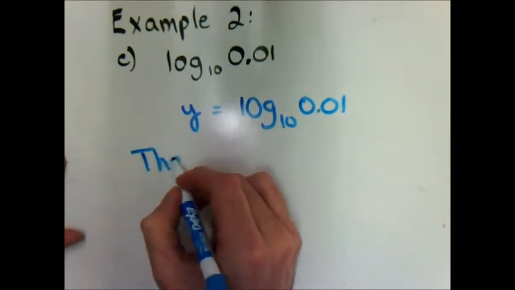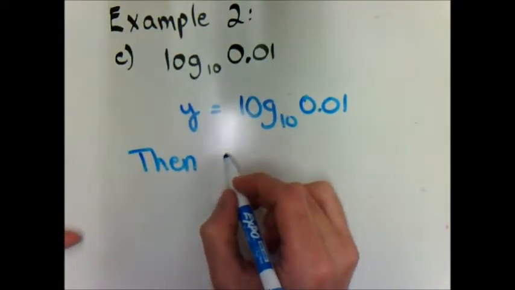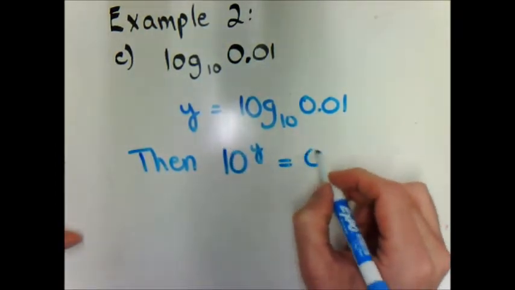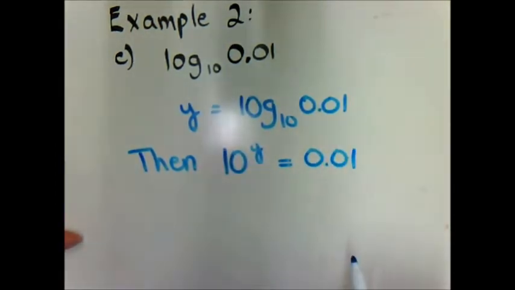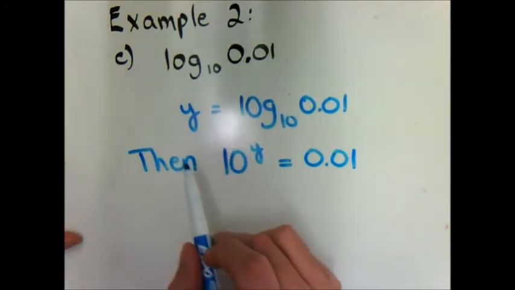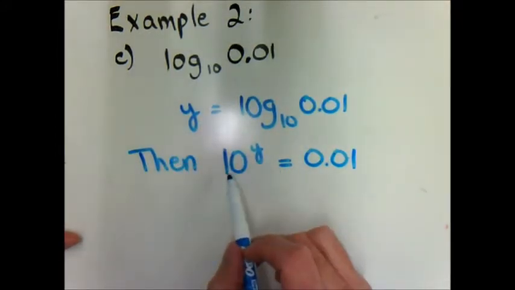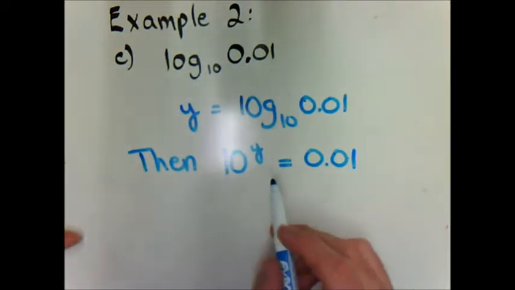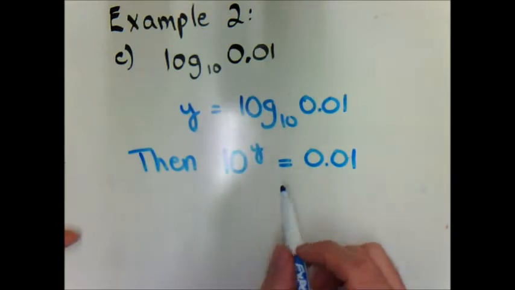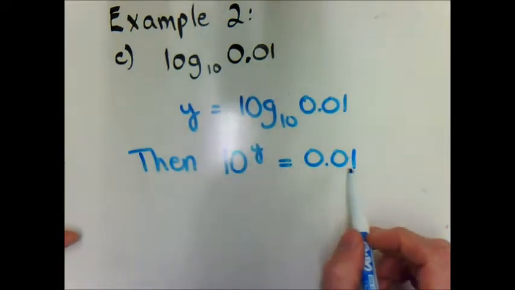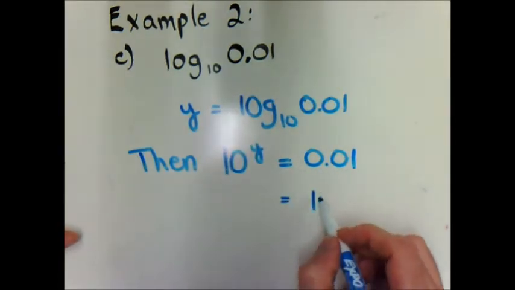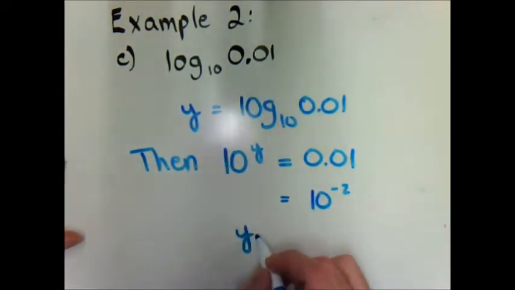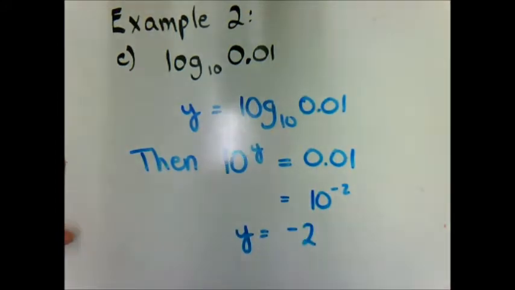Then, since this is true, 10 to the power of y is equal to 0.01. Remember that the logarithm is the exponent required to raise the base to get the value of x. Well, 10 to the power of y here is equal to 0.01, which is 10 to the power of negative 2. So we have here that y is equal to negative 2.